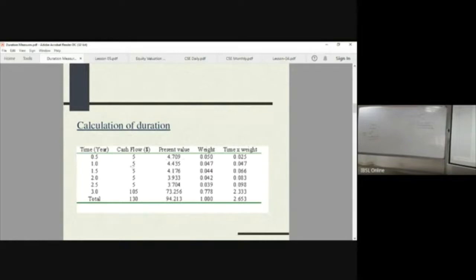Now do the next calculation also and see whether this 4.435 is correct. There what you do, 5 into e to the power minus 1 into 0.12. Then you have to calculate e to the power minus 0.12.